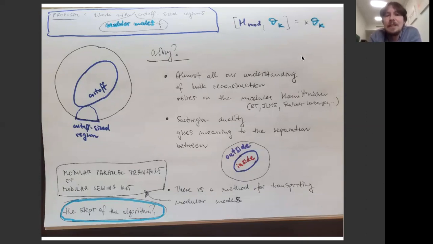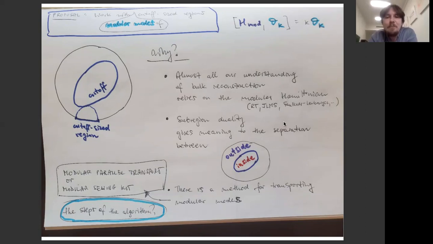So why that? The first answer is that almost all our understanding of bulk reconstruction relies on the modular Hamiltonian. That goes for the Ryu-Takayanagi proposal, for JLMS, and for various other works like Tom Faulkner and Aitor Lewkowicz's work on bulk reconstruction. I probably should be putting many other names here. The point is that modular Hamiltonians are our best handle, and maybe the only reliable handle, on bulk reconstruction.